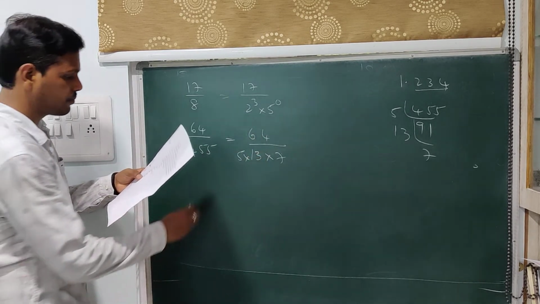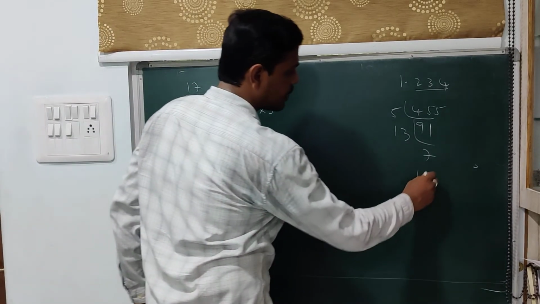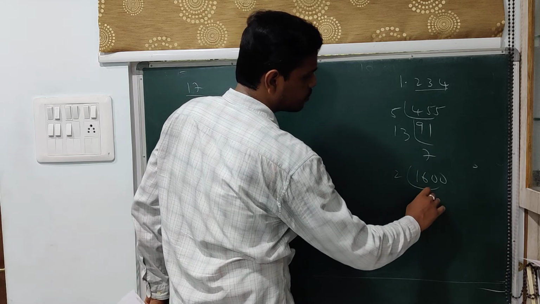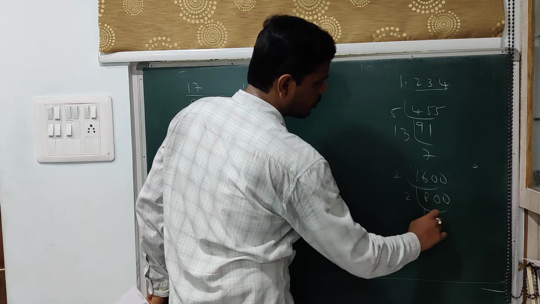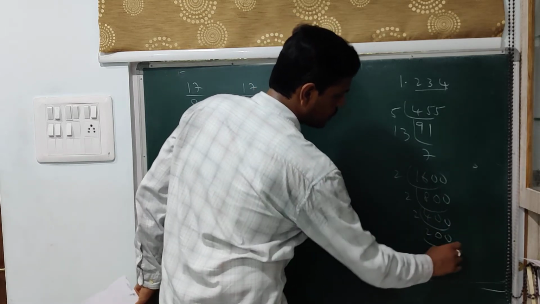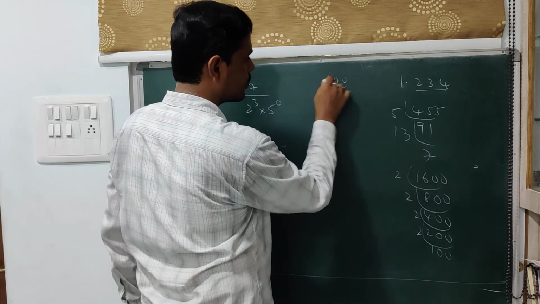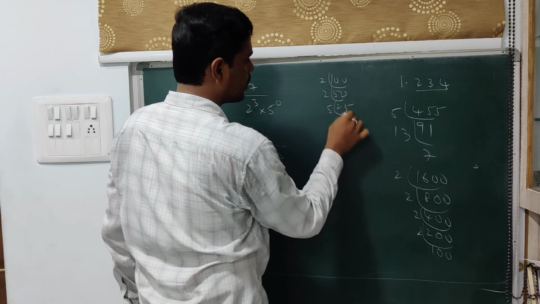Let us go with 15 by 1600. So 1600 prime factorization. What do you get? 2 8s, 2 4s, 2 2s, then 200s, then 100, 2 50s, 2 25s, 5 5s.